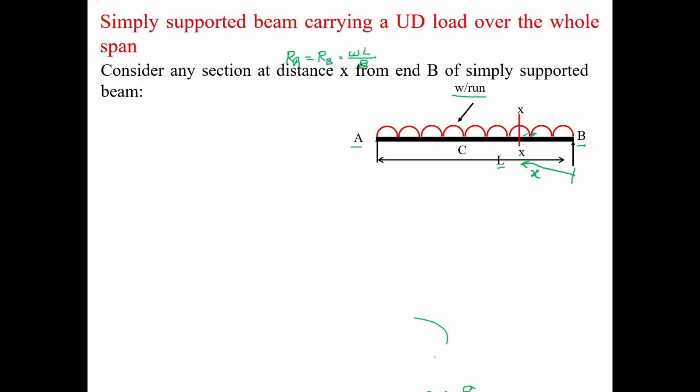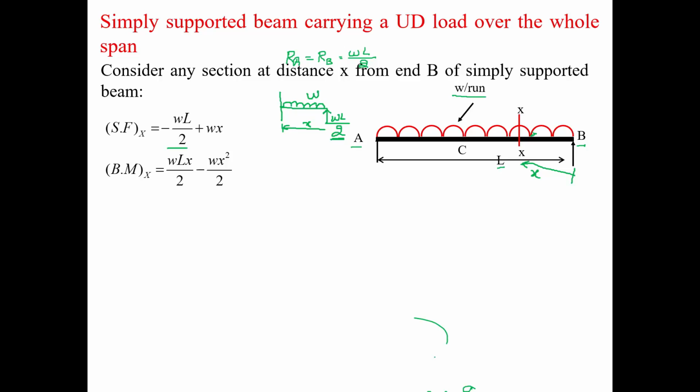Once you take this section, the free body diagram of the section is like this. This is wL by 2 and this distance is x. So my shear force will become wL by 2 vertical, so it is minus wL by 2 plus wx. So this is the shear force expression.